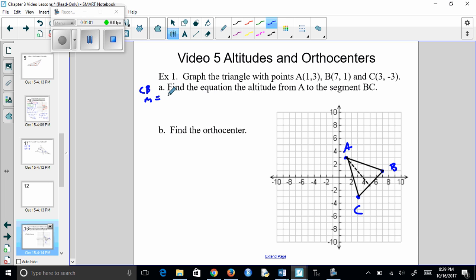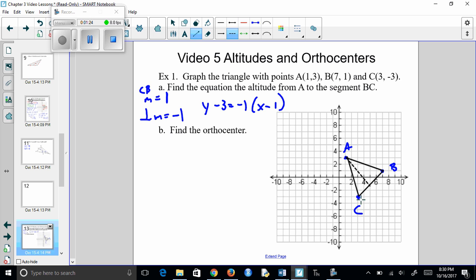So up 4 over 4, so that slope is just 1. So the perpendicular slope is going to be -1. There's not much of a reciprocal, 1 over 1. So now we have the point A. So y minus 3 is equal to, now we do our perpendicular slope, x minus 1. Great. So now we have 1. That's pretty easy.